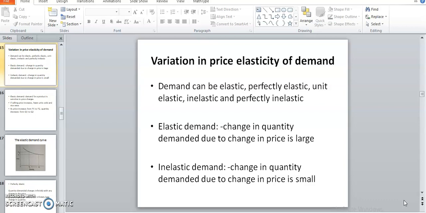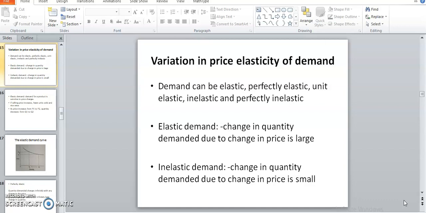In elastic demand, the change in quantity demanded due to a change in price is very large. If the price varies, the quantity demanded varies in a very large manner. So it is called elastic demand.